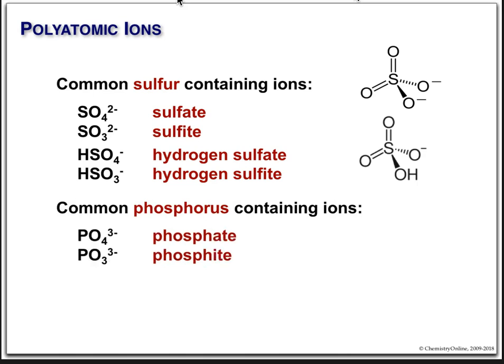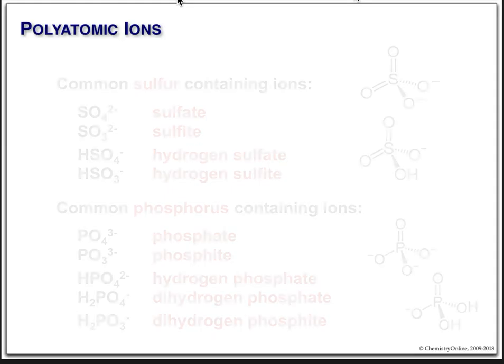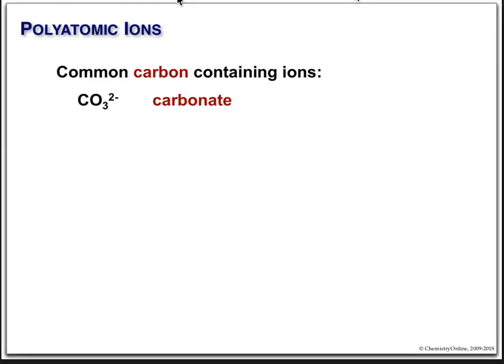Phosphorus, phosphates are parent. 1 less, phosphite. We have 3 oxygens we can put hydrogens on. So we just do it hydrogen phosphate or dihydrogen if we have to. Carbon.